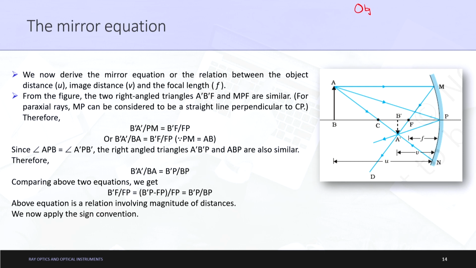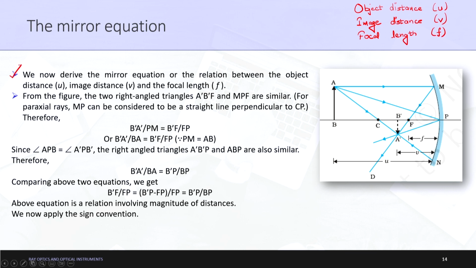First is object distance u, next is image distance v, next is focal length f.